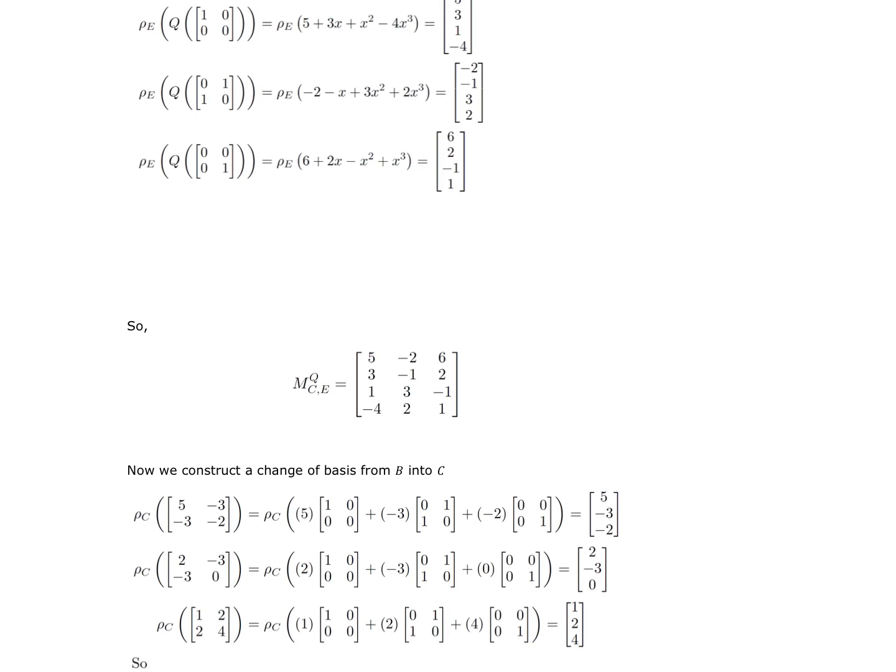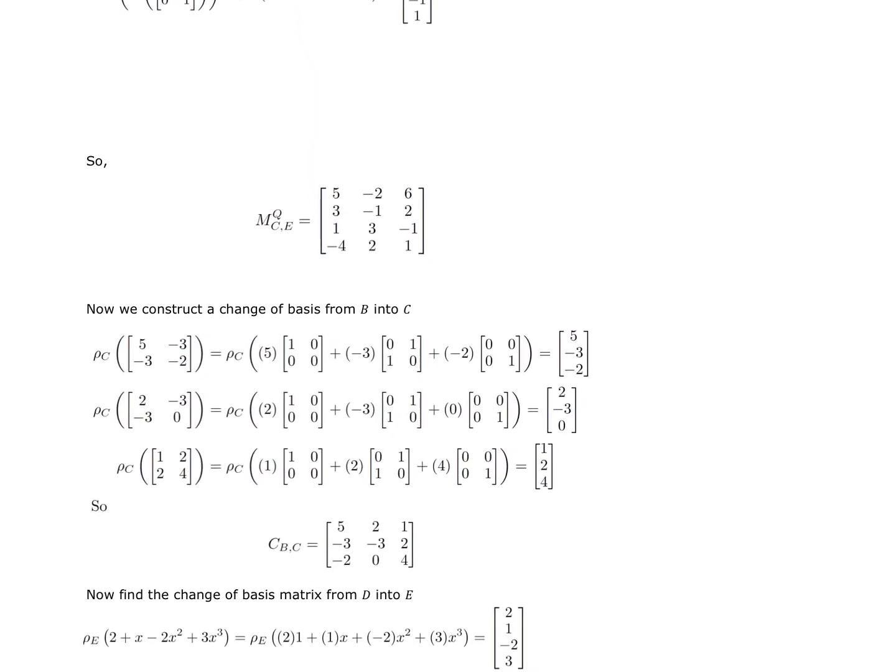Now I'm going to construct a change of basis from B into C. And this I can do like I always do by linear combinations. This 5, this -3, and this 2 come from the linear combinations of what C would look like to get this out, and I get this vector out as a vector representation.